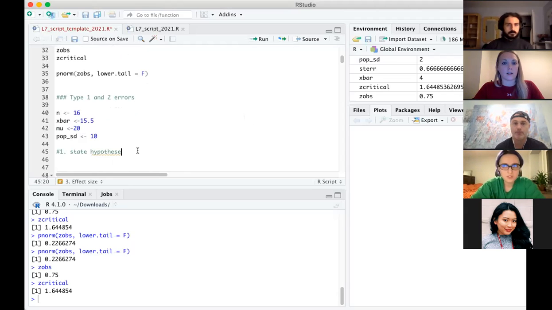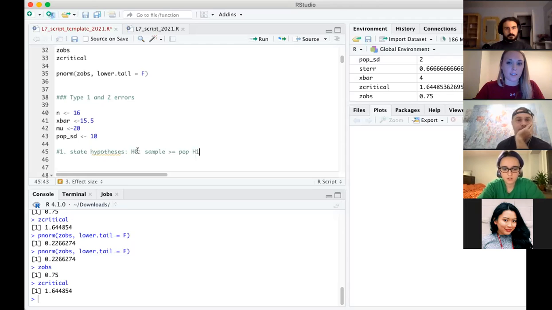So what is our null hypothesis here? It's equal to or more than the population. So sample is equal to or more than pop, and then our alternative is that the sample is less than pop. These are means, right?